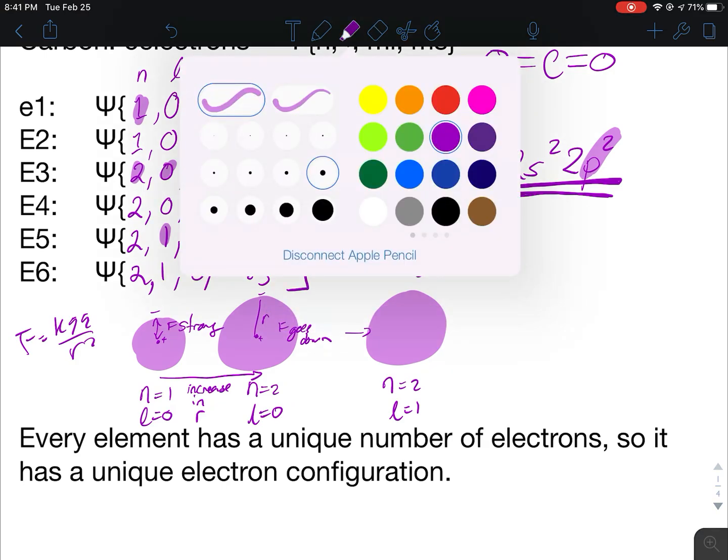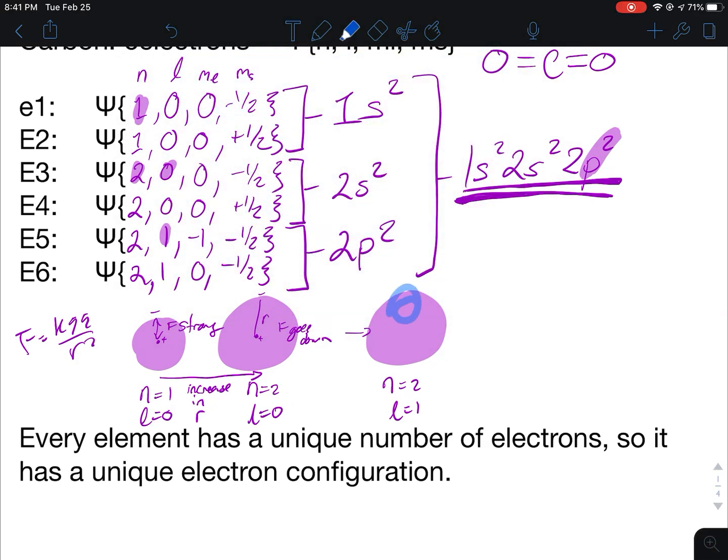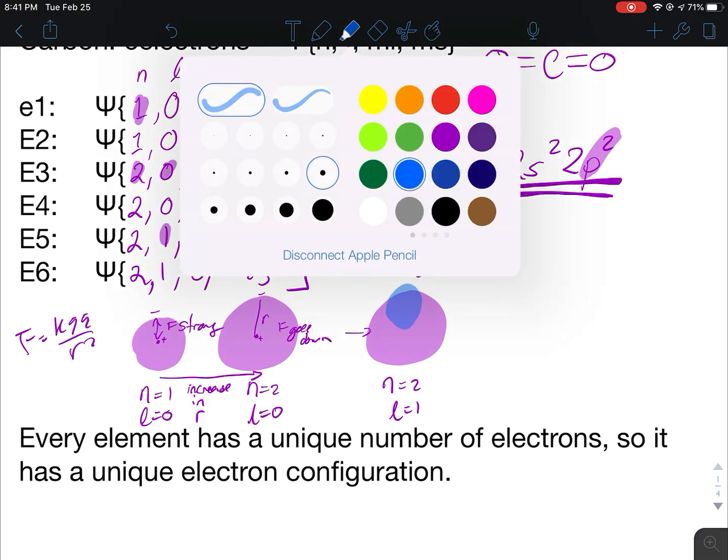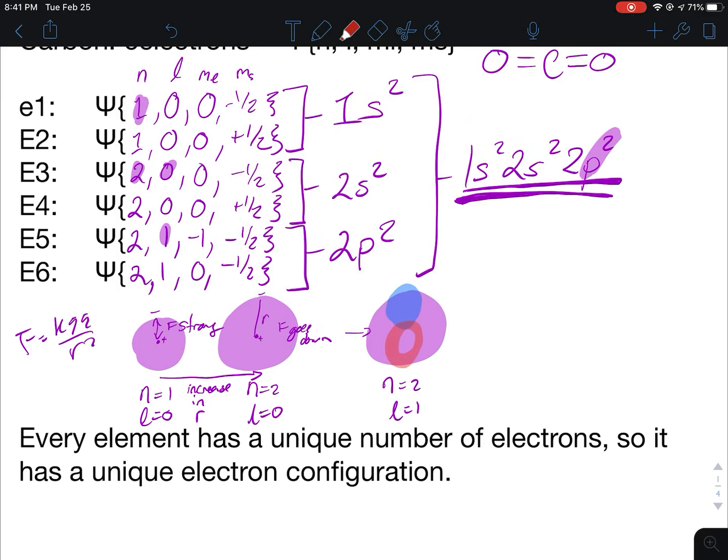All right, so for this next one, we actually are going to switch to the p orbital, right? And the p orbital has this sort of double thing, but the overall size of it is exactly the same. So we can kind of think that the distance here is the same.